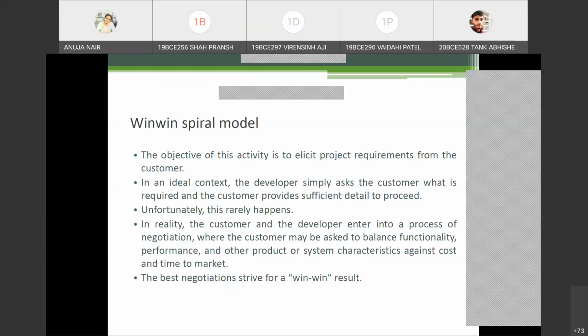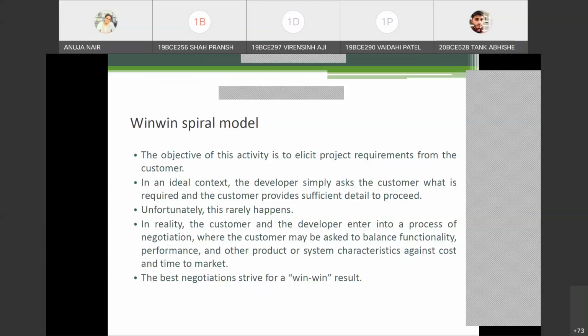So here also in the win-win spiral model, what you are doing is negotiating. The objective of this activity is to elicit project requirements. See, when a customer gives you a project, the customer can be a layman, or cannot be a layman, but the expectation of a customer is very high, right? It is not required that you fulfill all the expectations of the customer. It might happen that you say, okay, this is not possible for me to implement.